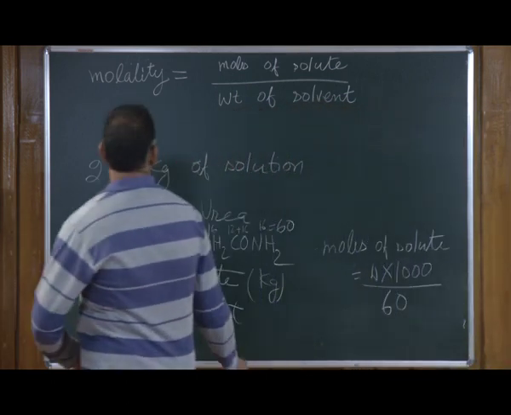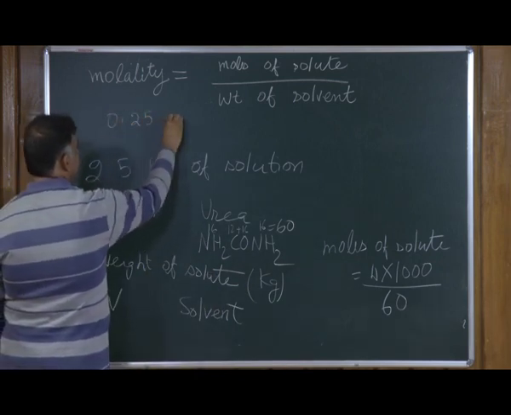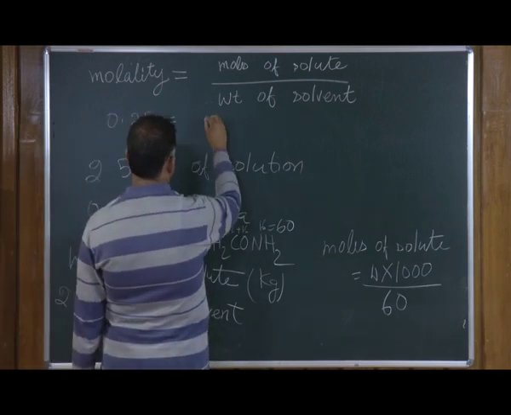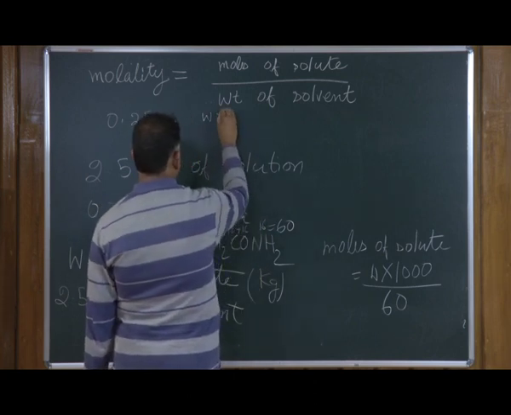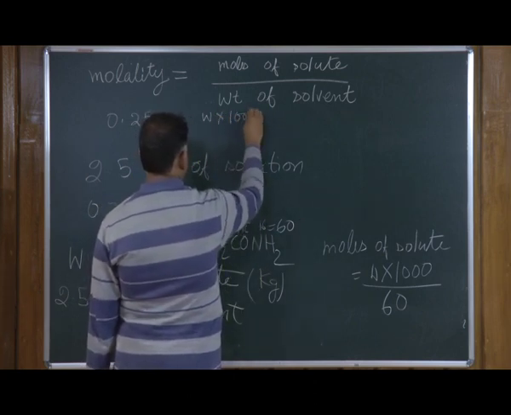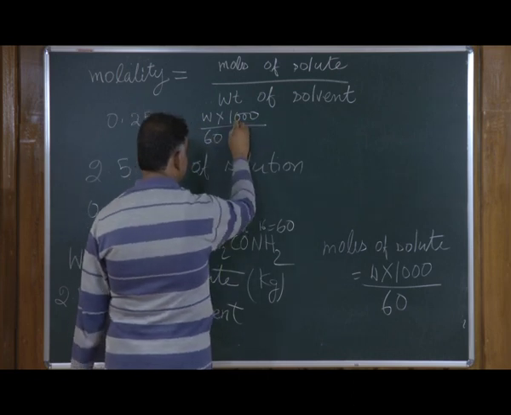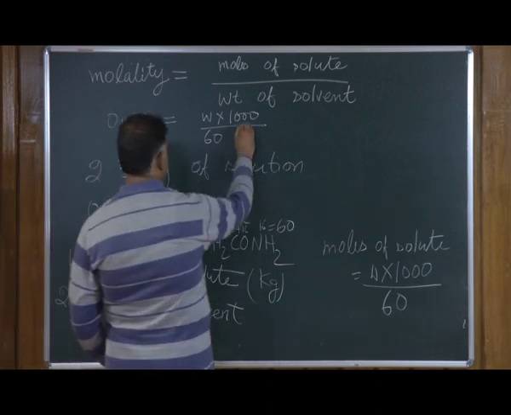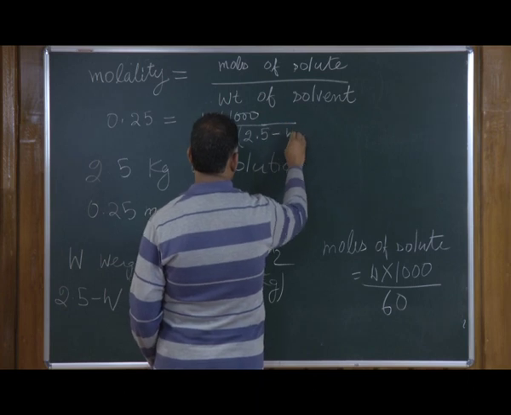So, molality is 0.25, moles of solute is W into 1000 by 60, and weight of solvent is 2.5 minus W.